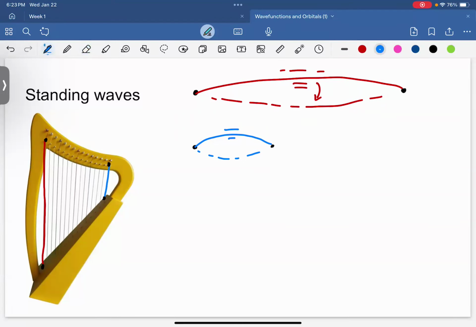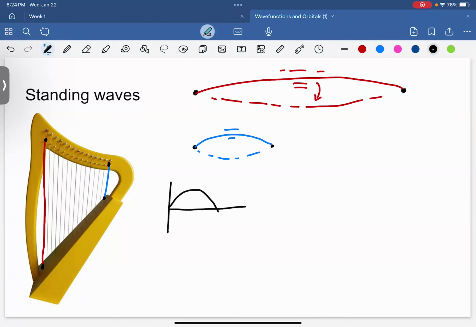With these standing waves, we can think about a few things. First off, we know intuitively that the pitch of the red wave is going to be lower than the pitch of the blue wave, and we can relate that to some properties of these waves. The curve for a wave looks like a sine curve.